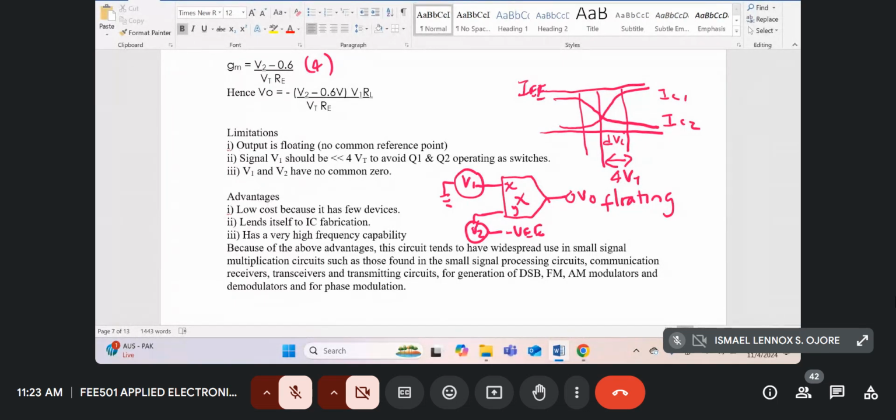But the advantages of these circuits are as follows. It's got only 3 transistors, so it's very cheap. Number 2, it lends itself to IC fabrication. Number 3, it has got a very high frequency response. If you design it correctly, it can work up to the gigahertz range.